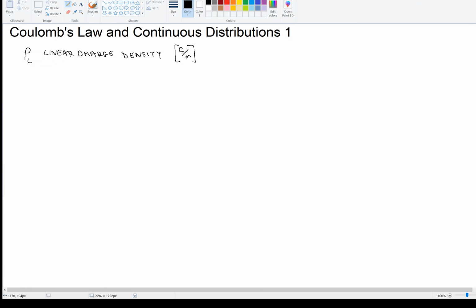So in this video, what we're going to talk about are objects. They're three-dimensional objects, of course, but one dimension is much, much longer than the other two dimensions. And in that case, we can approximate the object as just kind of a line.